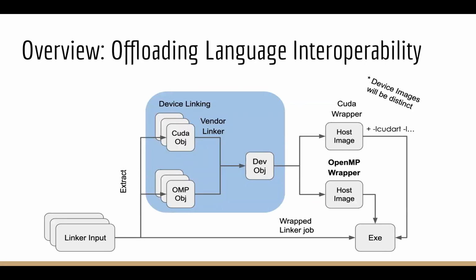Again, this is very similar to the previous image, but it shows generally what we will do to support this offloading language interoperability. So again, we have all of our linker inputs, we scan them for the embedded device files, and then we see if this is CUDA and this is OpenMP, but they're compatible sub-architectures, then we can link them together to create one big image, and that will allow your CUDA code to call your OpenMP code.